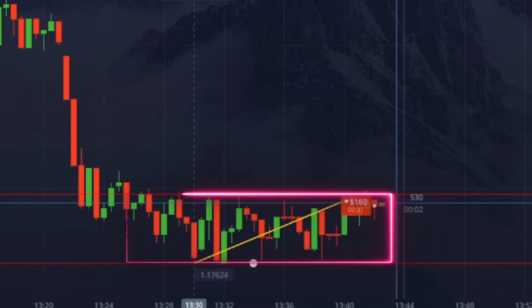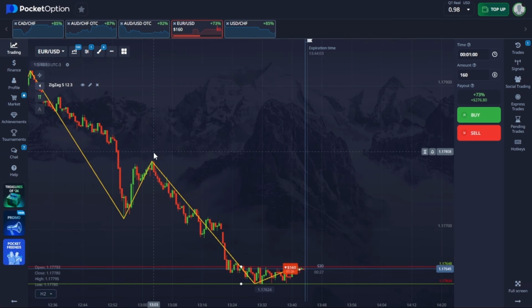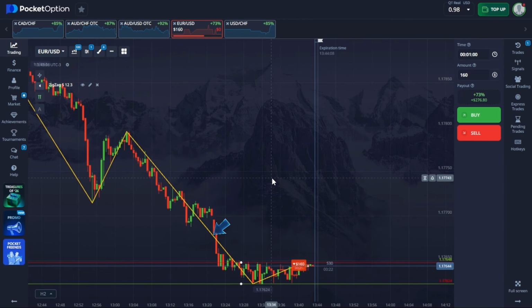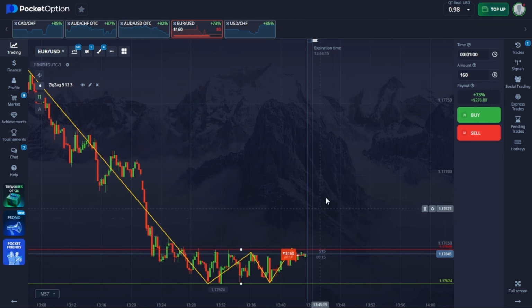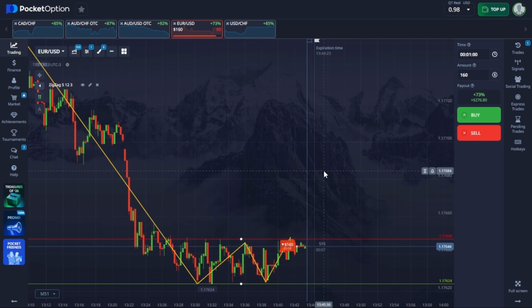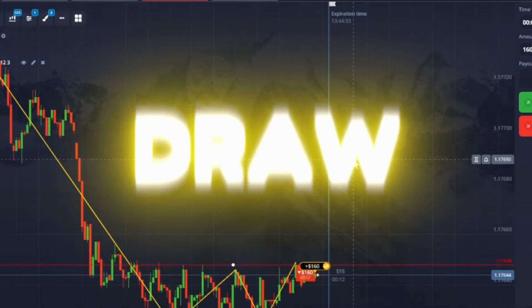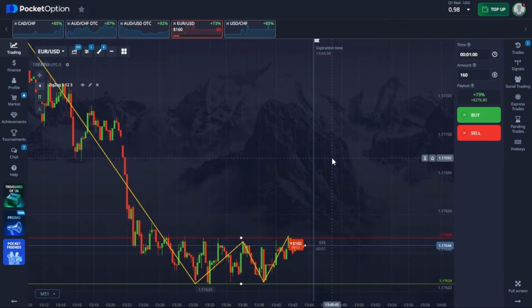So we see that I'm at a kind of resistance, and the price can reach there. Let's see what happens with this one. And look at that, guys, almost 10 seconds remaining. When it tries to find the pivot point, then we have a good one. And look at that, we got a draw on this. That is not so good. Let's try again. Maybe this one will respect.